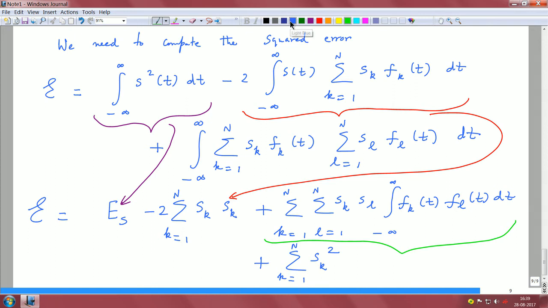So now our error is the energy in the signal minus the sum k equals 1 to capital N of s_k square.